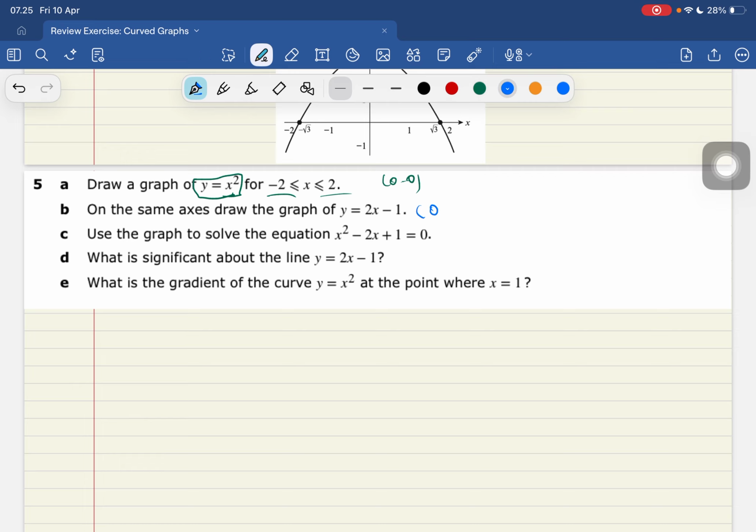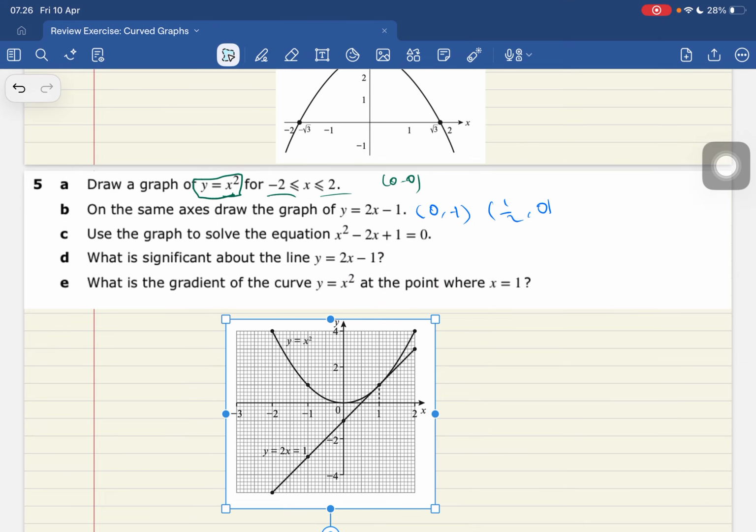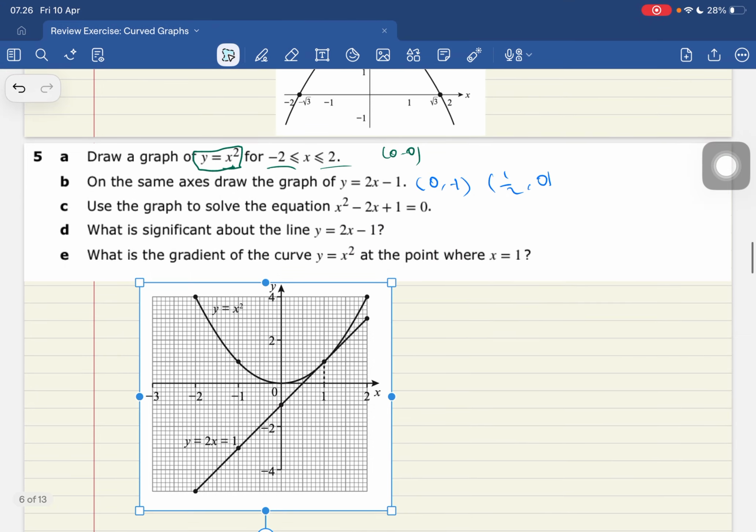When x equal to 0, y is going to be negative 1 as the y-intercept. And then when y equal to 0, x is going to be 1 over 2. Okay, we can just draw it now. Here it is for the graph.